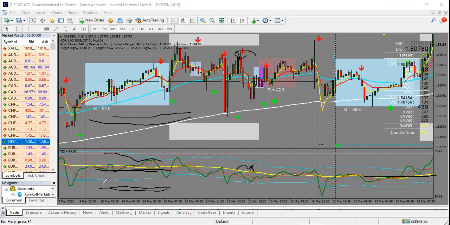Now look, we have expansion of our Bollinger band, our volatility band, in the Asian session. But after the Asian session, the Bollinger band started consolidating, started squeezing up. Why? It shouldn't be squeezing up in the London session. It should expand in the London session.